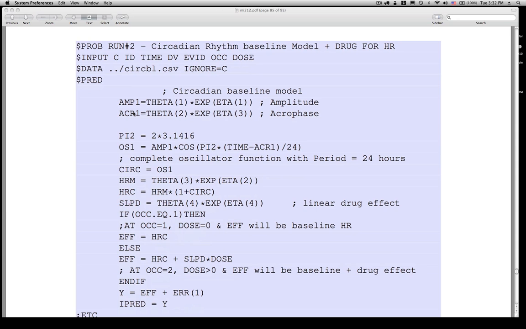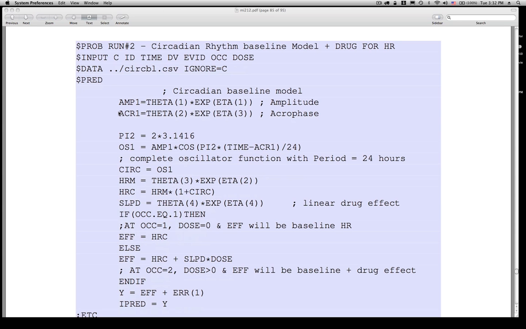The incremental observations are done quite frequently. So time in the data set is going to approximate a continuous time here. We have occasion, which identifies the drug treatment occasion from the baseline occasion. We have dose, which is a covariate as well. So we're just going to use a $PRED model for this one.